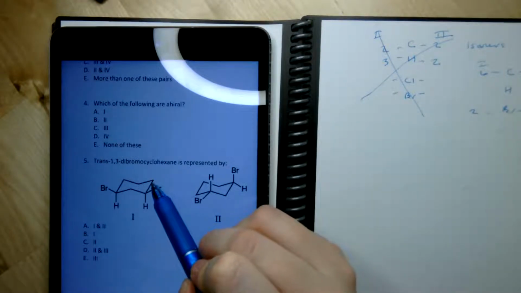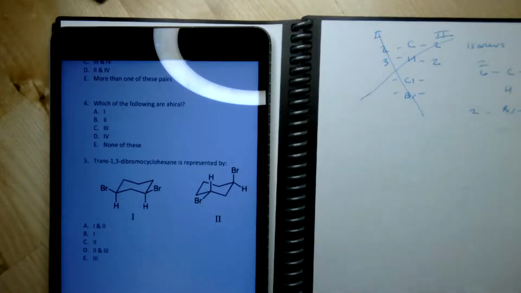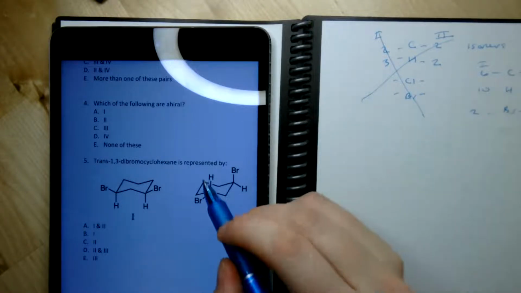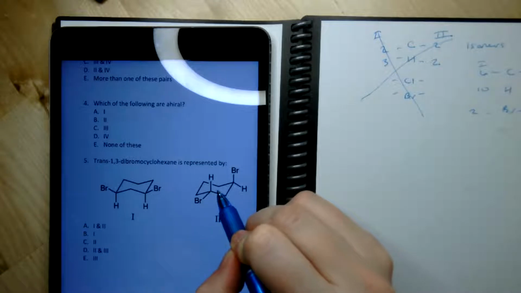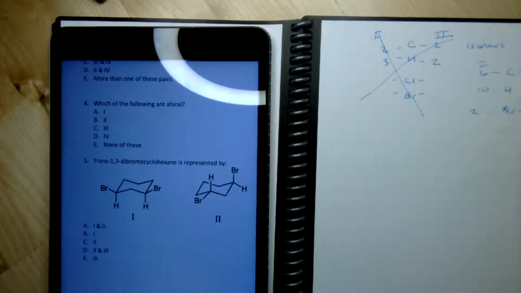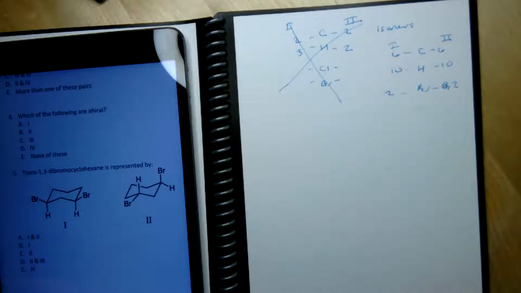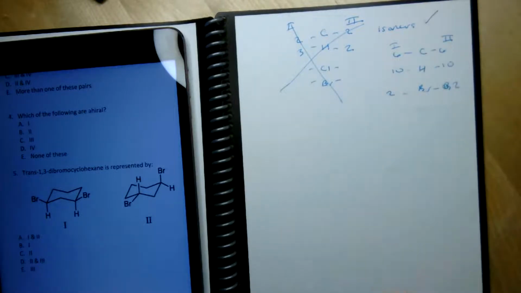So there's 2, 4, 6, 7, 9, 10 hydrogens. And over here, same thing, 2, 4, 6, 7, 9, 10 hydrogens. So these have the same number of carbons, hydrogens, and bromines. So these are definitely isomers.